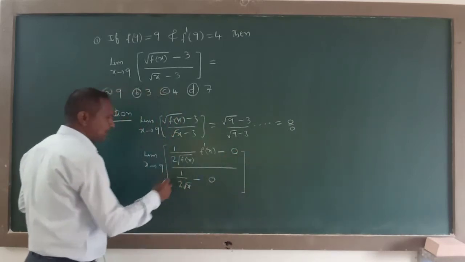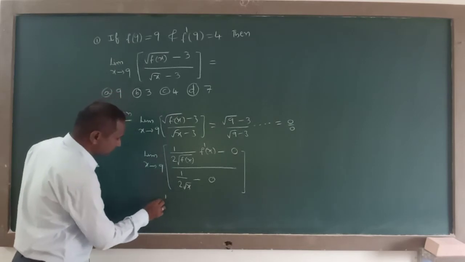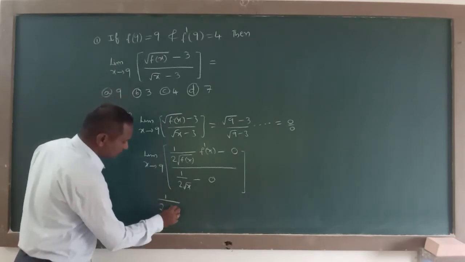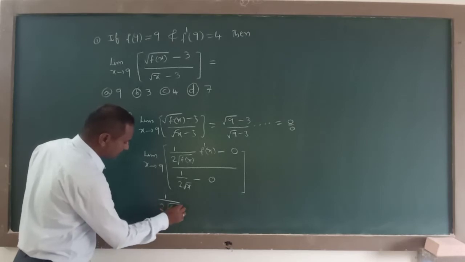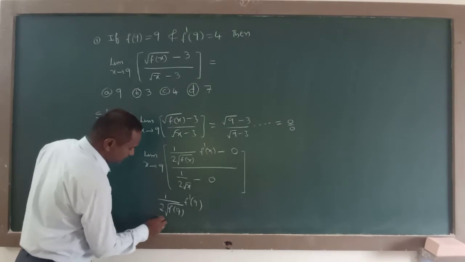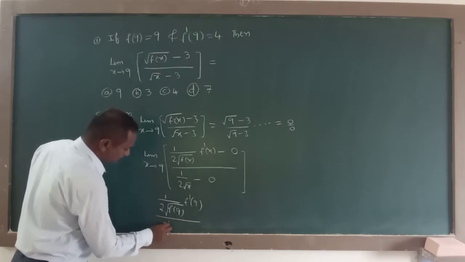Now friends, you apply the limit here. We get 1 by 2 root of f of 9 into f dash of 9, whole divided by 1 by 2 into root 9.